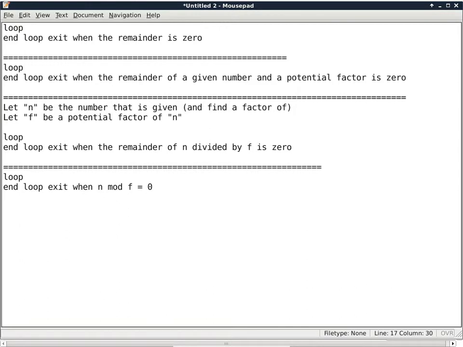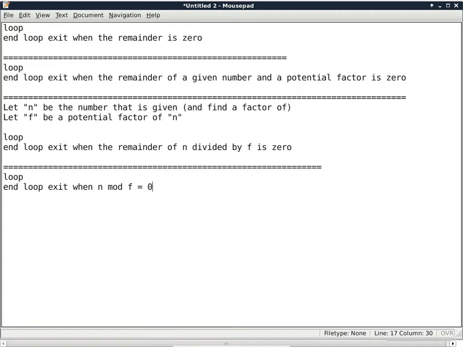In other words, it is kind of like the normal way that we use divide or multiply. The operator is between the 2 numbers it's supposed to work on. Instead of saying mod open paren n comma f, we say n mod f. But it means exactly the same thing. It's the remainder of n divided by f. Any questions about this step? We are just making it more concise.